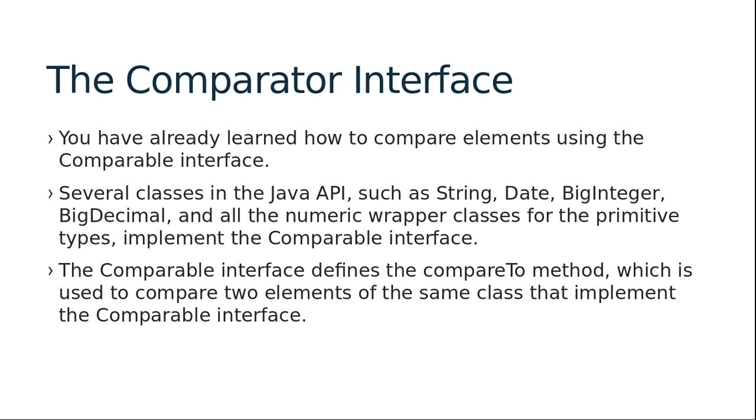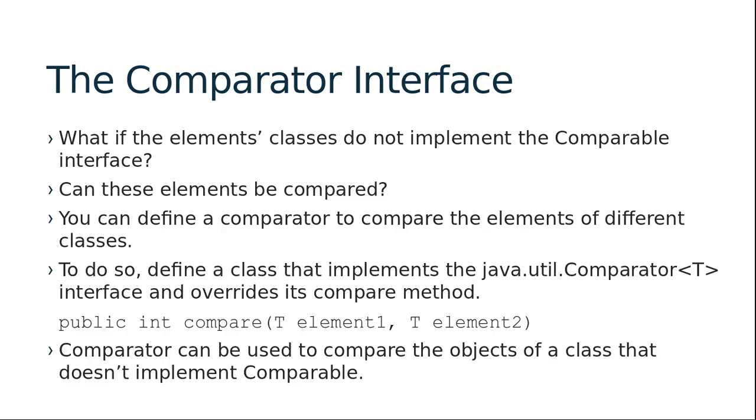Likewise here, what if you want to compare an array list and a linked list? So all these are examples where you want to compare two objects, but those two objects have a different data type. In those cases, you can do that using the comparator interface.